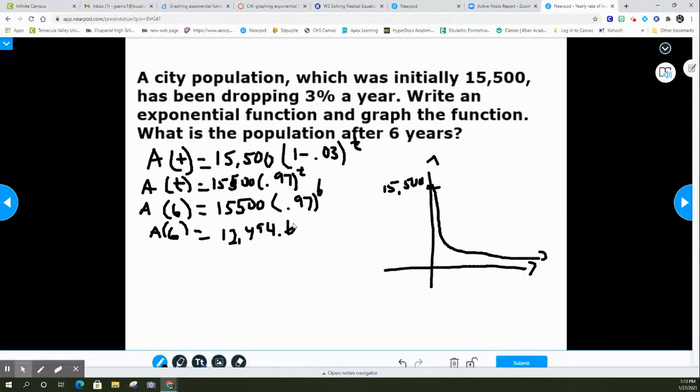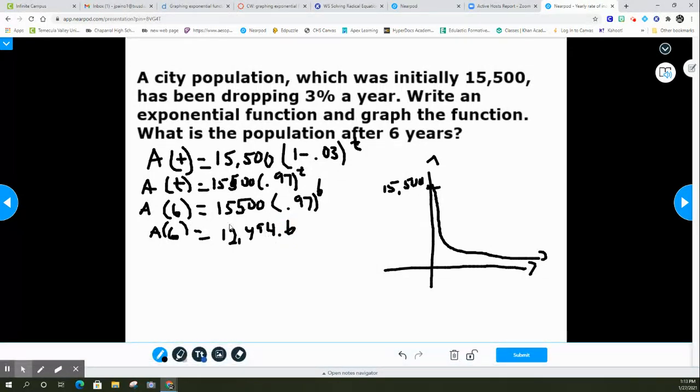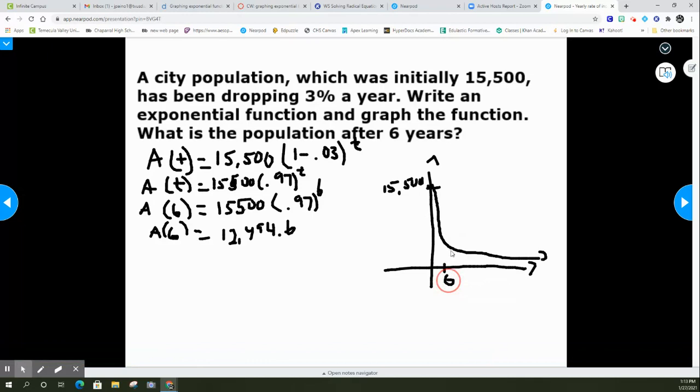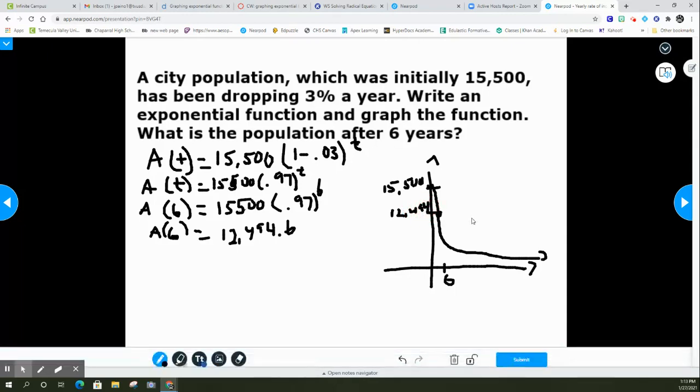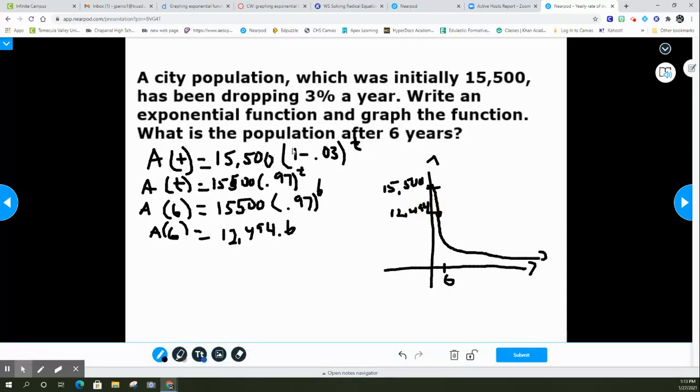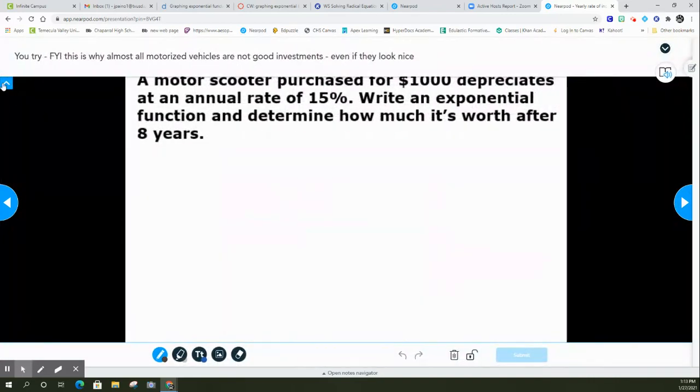Again, these are people, so just go down to the next whole number. So on my function here, if this was 6, wherever it hit the graph, that point would be 12,494. And again, this is a decay function.